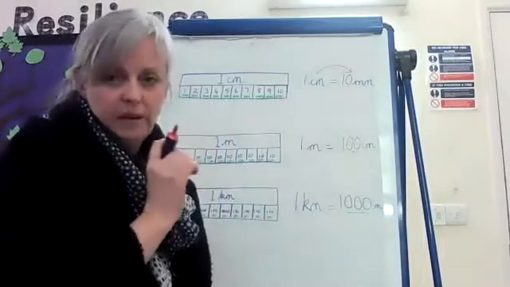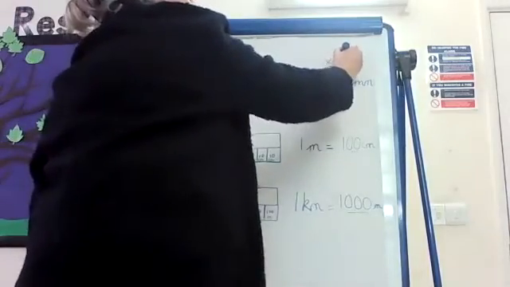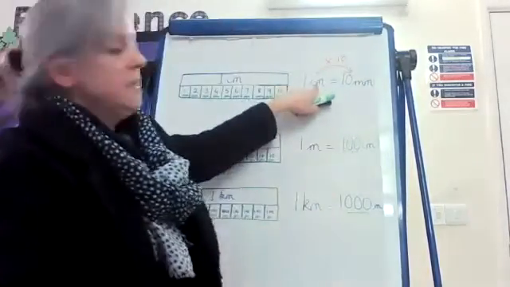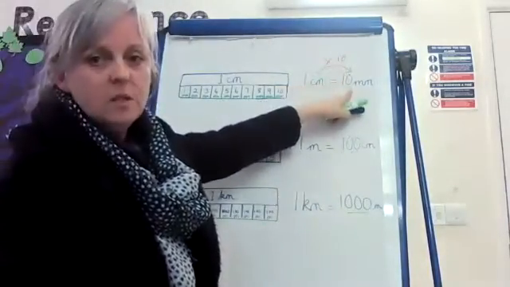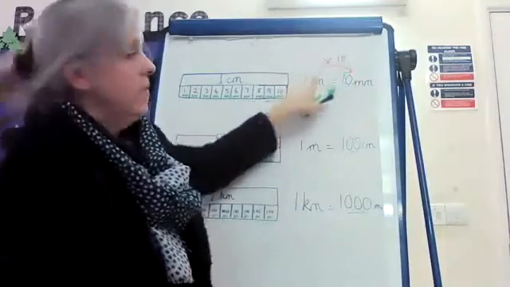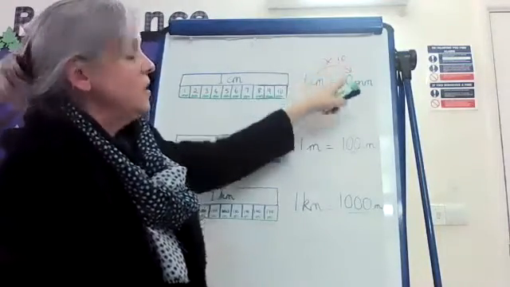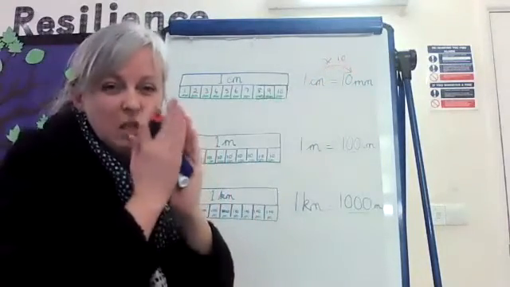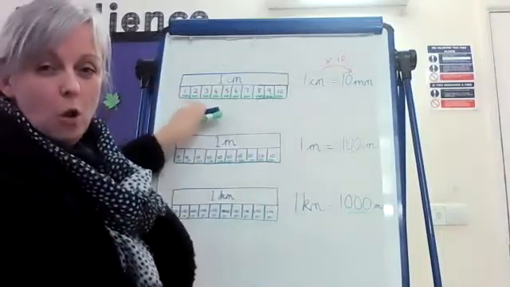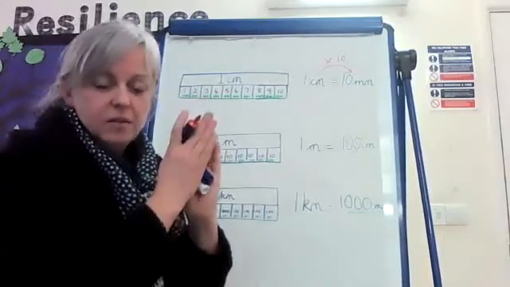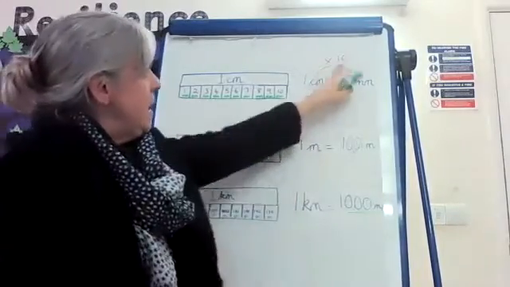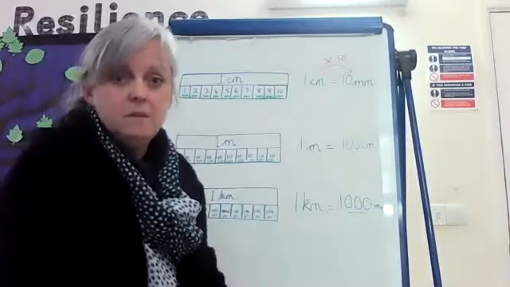What are we multiplying by? Yeah, well done. We're multiplying it by 10. So to convert from centimetres into millimetres, we need to multiply the centimetres by 10. Because remember, we know that millimetres are a lot smaller, so we can fit a lot more in those centimetres. So that's why our answer is going to be multiplied by 10 to get to the millimetres.